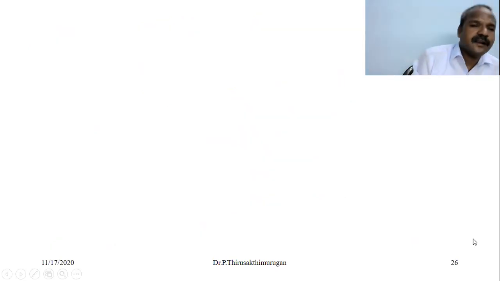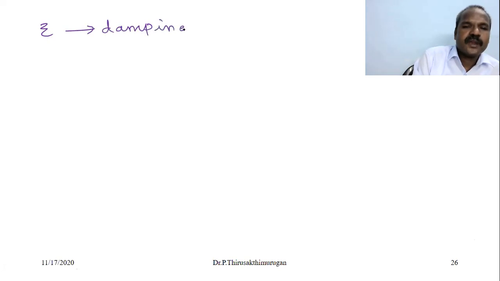Now let me introduce the definition for zeta. What is zeta? Damping coefficient.